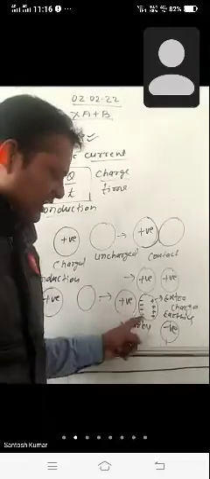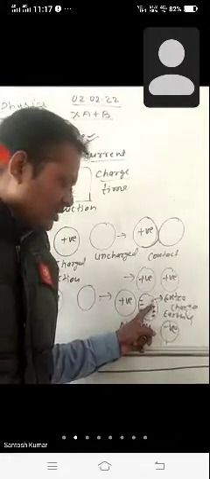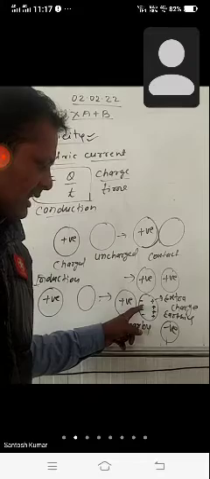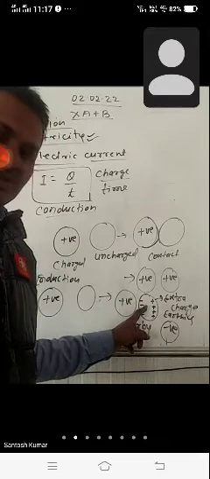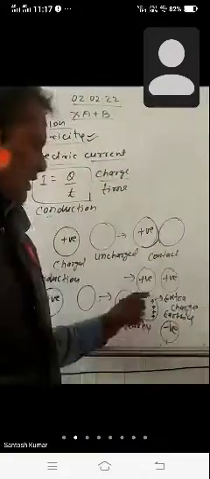Similarly, due to induction it induces an opposite charge and the same charge on the back face. But this is extra charge, which can be removed by earthing. So finally this body gets charged with opposite charge. That's why we adopt various methods to produce charge according to our requirement.